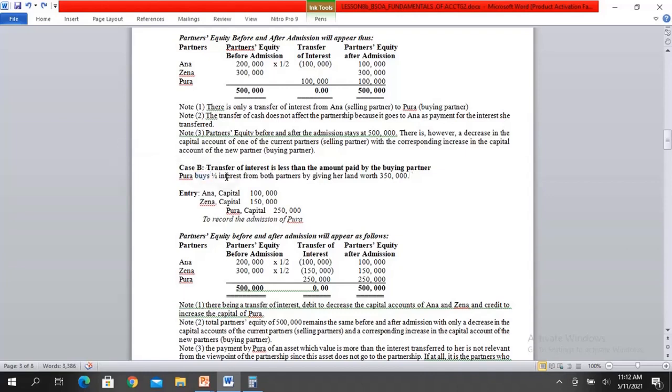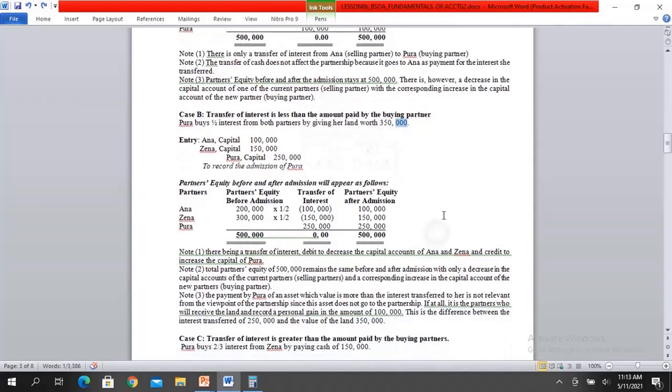So, Pura buys 1/2 interest from both partners by giving her land worth 350,000. So, pinalit niya yung land niya worth 350,000 dun sa tigkalahati ng interest ng mga partner na si Ana at saka ni Zina. So, parang binili ni Pura yung tigkakalahati na interest nila Ana at saka ni Zina for 350,000. So, pinalit niya yon.